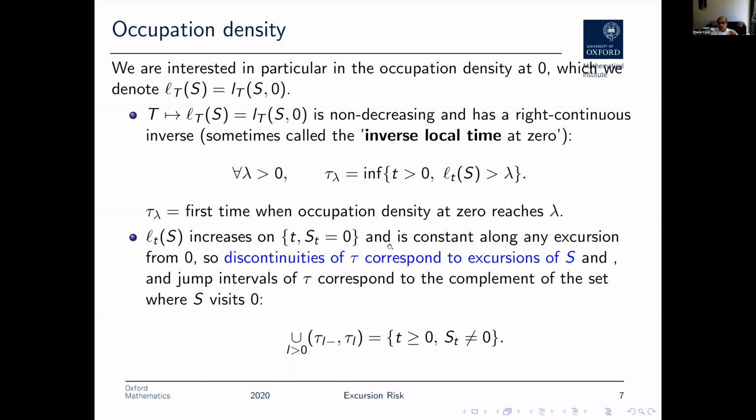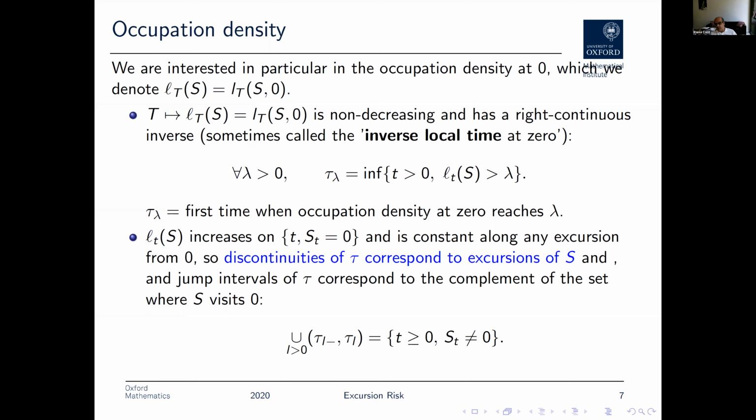So if you look at any excursion going away from 0, until it comes back to 0, L_t doesn't increase. So it means that L_t is constant along any excursion going away from 0. So L_t is going to be piecewise constant along the excursions which go away from 0.